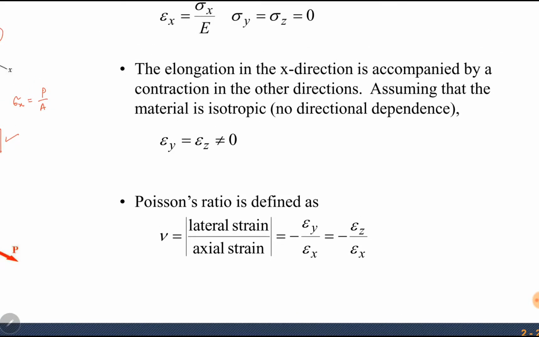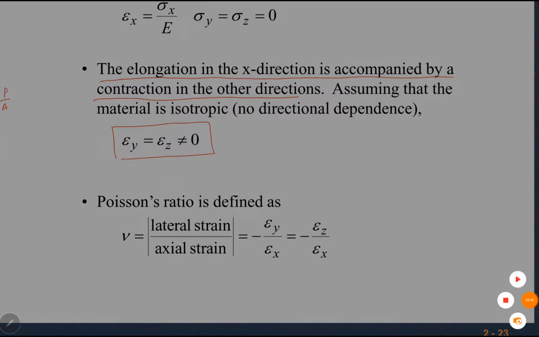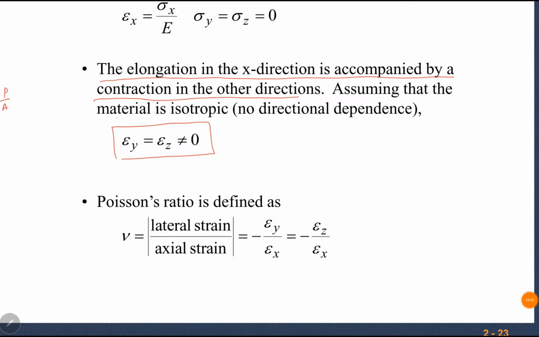The elongation in x direction is accompanied by a contraction in the other directions. So in the other directions, the strain is not equal to 0. If we assume that the material is isotropic, it means the properties are not dependent on the directions. So the ratio of lateral strain, this is lateral strain.